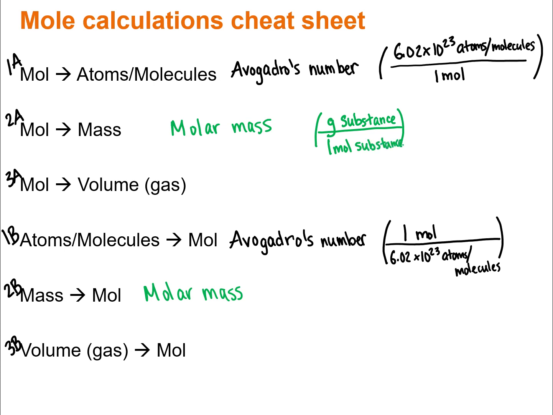And that will get rid of the moles and leave you with grams. If you're trying to take a mass and go to moles, you flip that upside down. You're going to put the moles on top and the grams on the bottom.